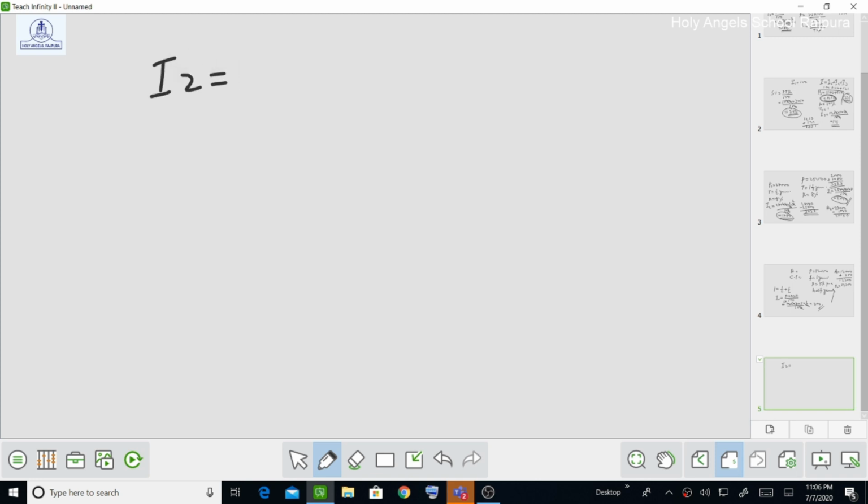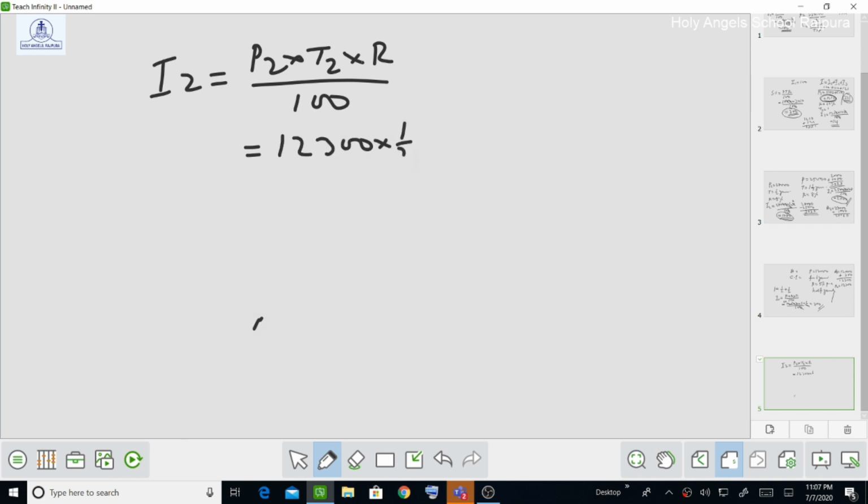Now I2, the interest for the second half year, is P2 into T2 into R upon 100. P2 is 12,300 into time half into 5 upon 100, that is equal to 307.5.